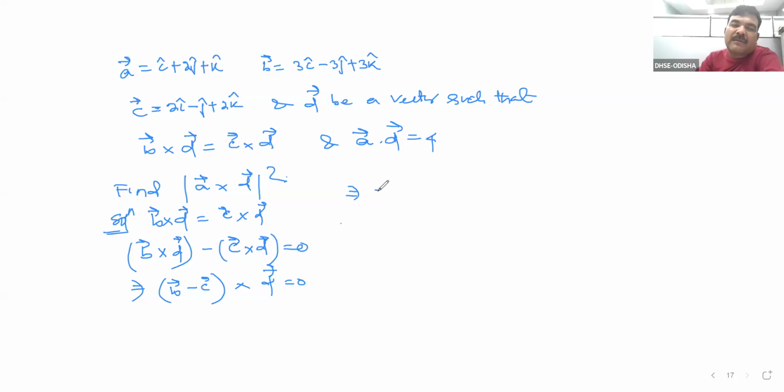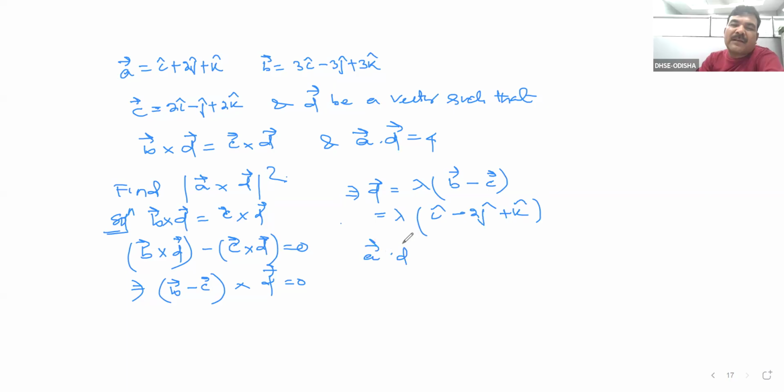So D is equal to lambda times B minus C. What is B minus C? 3 minus 2, that is I cap, minus 3 j cap plus j cap, that is minus 2 j cap, then 3 k cap minus 2 k cap, that is k cap. And A dot D is equal to 4.